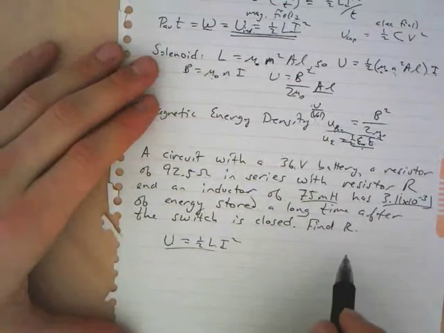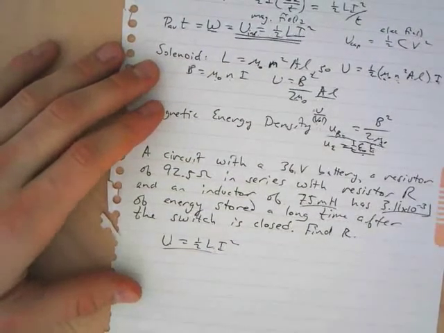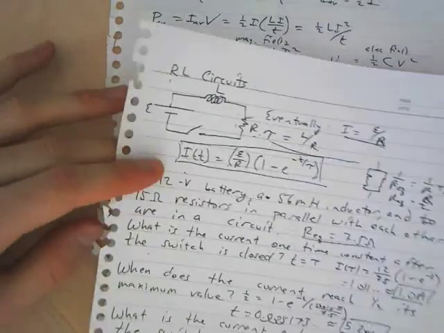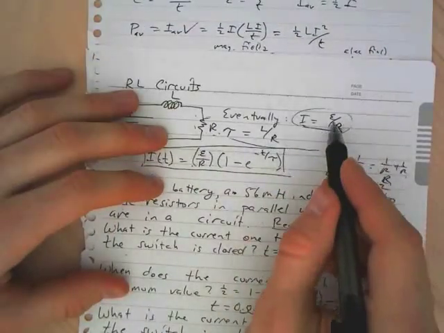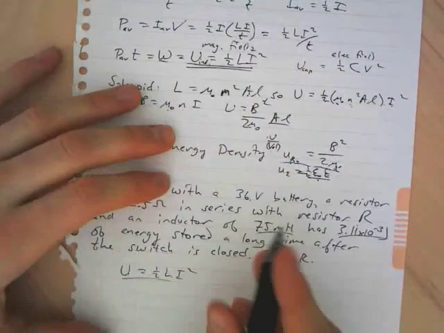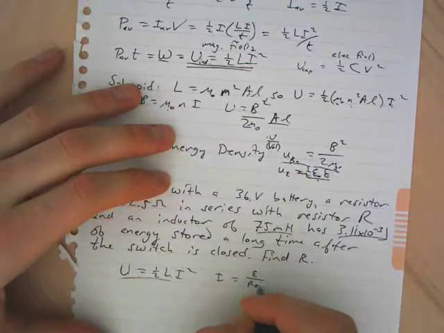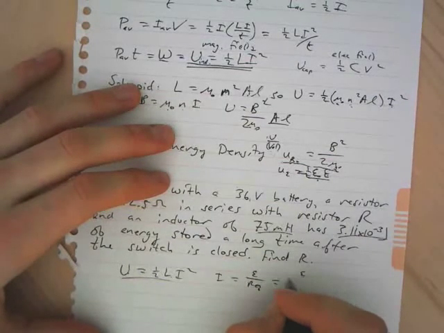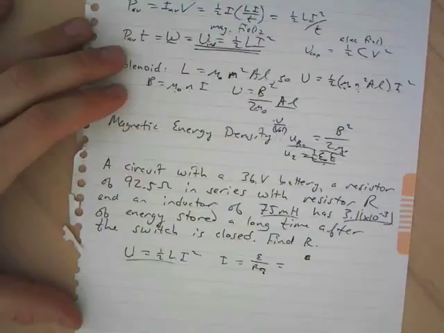And then from our relationship of RL circuits, we know that the current a long time after the switch is closed is just the EMF of the battery over the equivalent resistance. And so we know that I equals EMF over R_eq, which is the EMF over the sum of those two resistors because they are in series.